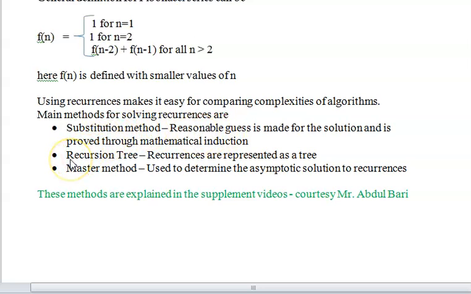Another one is the recursion tree, where the recurrences are represented in the form of a tree. And the final one is the master method, which uses asymptotic solutions to recurrences. All these three methods are described in the following video, which is supplemented with this explanation.